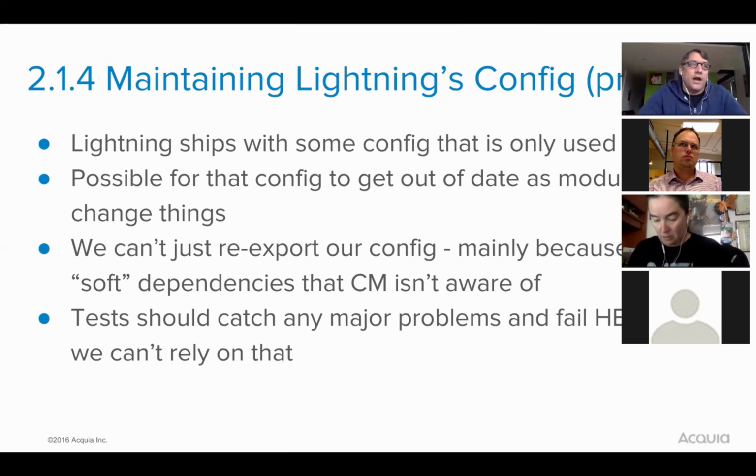So if we had Lightning Layout and Lightning Workflow enabled, the content types provided by Lightning Layout would have a hard dependency on Lightning Workflow because they have Workbench moderation enabled on them. But that's not necessarily the case, and our config doesn't represent that. So we've hand curated a lot of this config. So just simply re-exporting it wouldn't work.